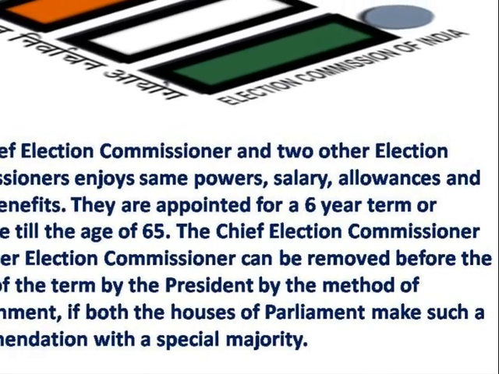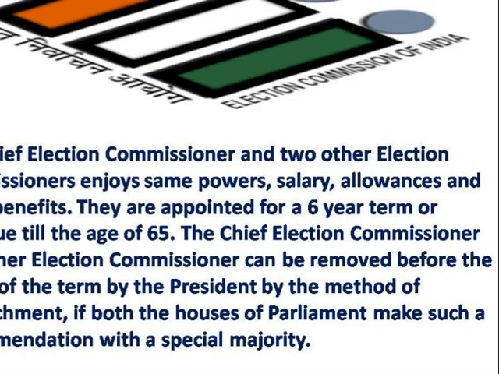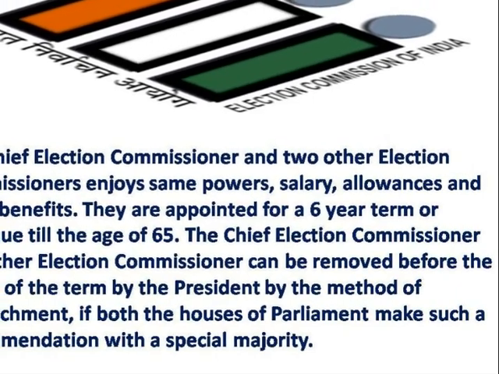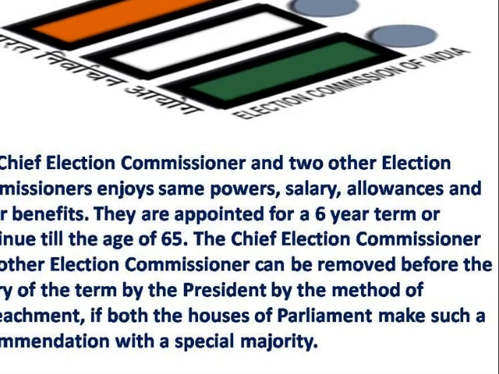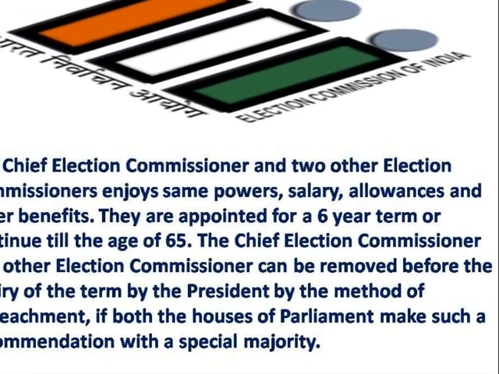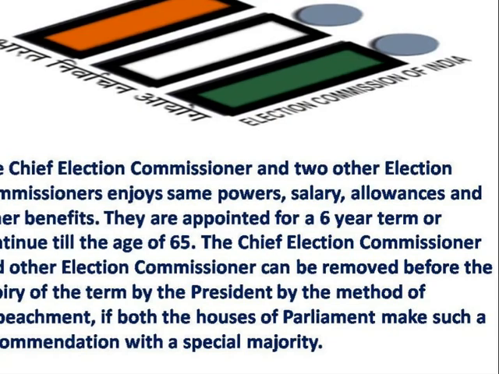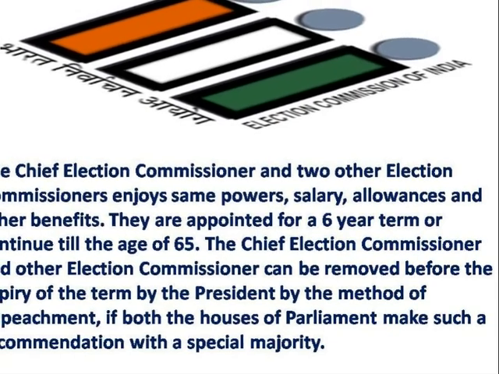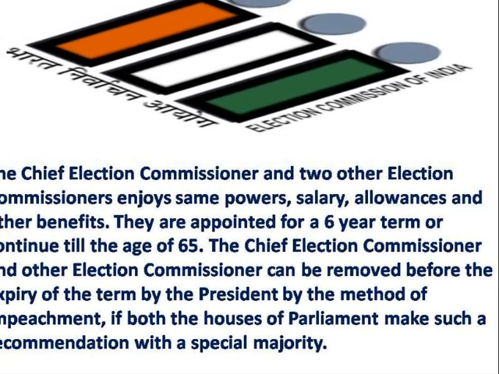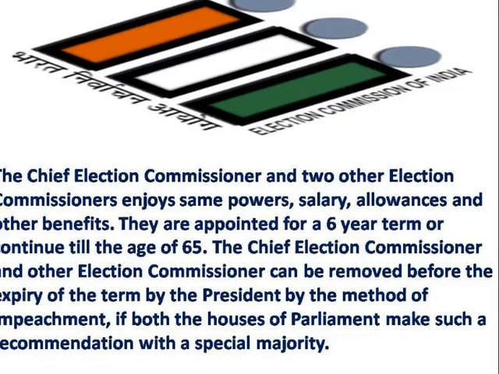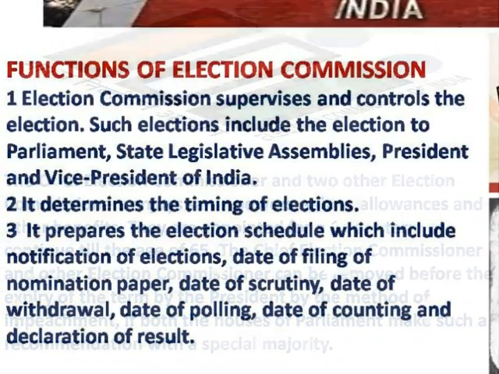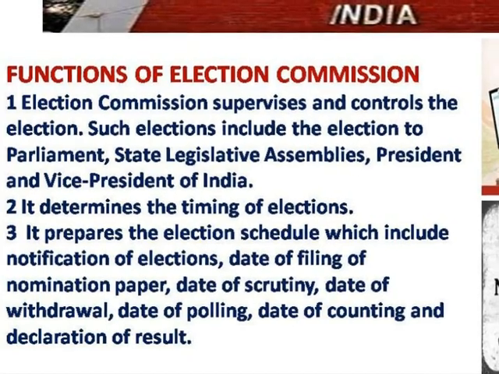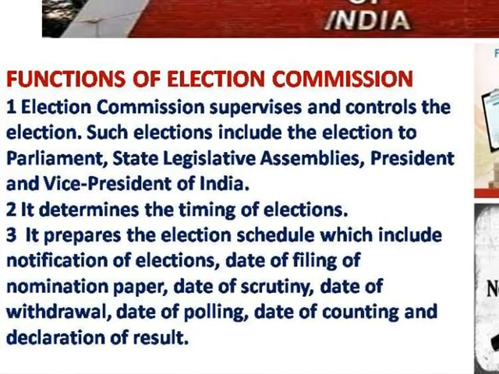They can be removed from office before the expiry of their term by the President of India by the method of impeachment. If both houses of Parliament make such a recommendation with a special majority, then the election commissioners have to resign from their post. Our next topic is the functions of the Election Commission of India.